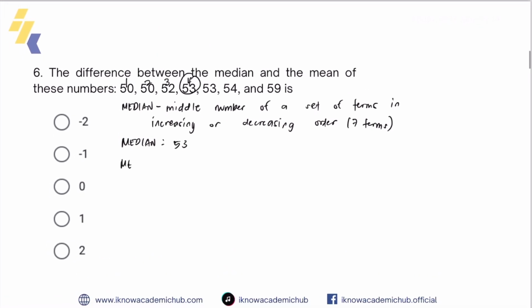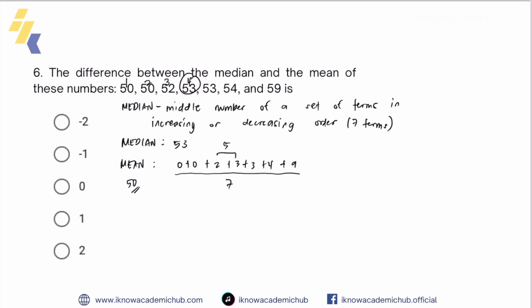To get the average, since all are starting with 5 as the tens digit, I will make 50 the base, and I will just add the ones digits: 0 plus 0 plus 2 plus 3 plus 3 plus 4 plus 9, and I will divide this by 7.